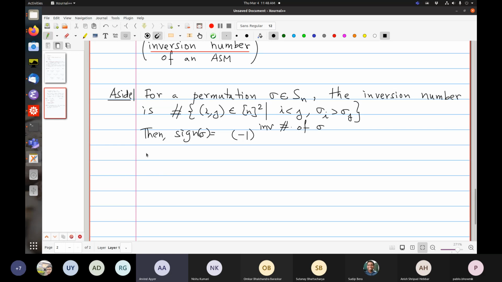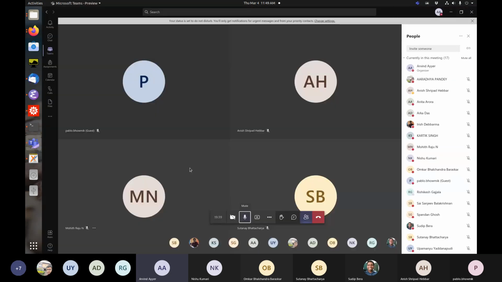So how do you see it in the permutation matrix? From the permutation matrix point of view, if I write sigma as a matrix, remember it's a 0, 1 matrix. Let me call it M sigma.